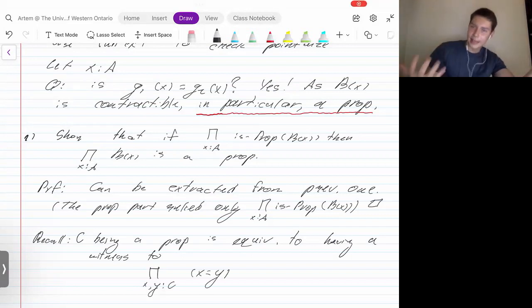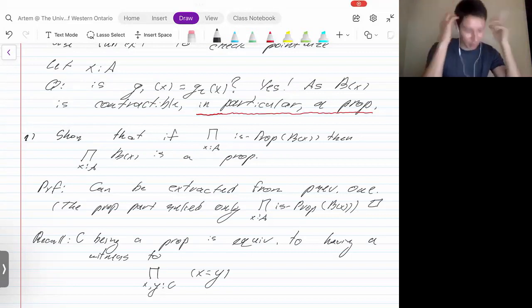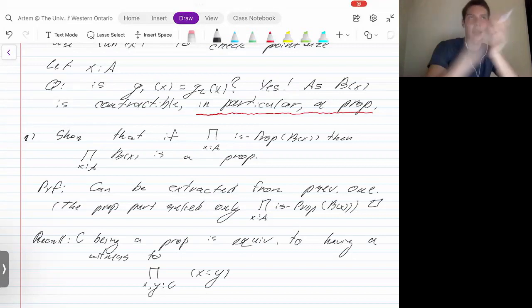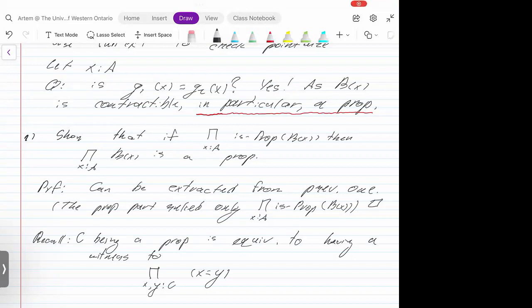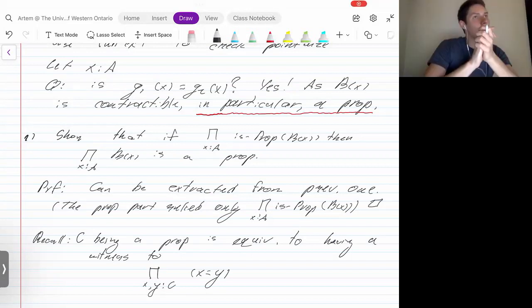So basically, we can identify everything. The only difference with contractibility is that in contractibility, we actually have a witness to this. Another way of looking at propositions is that they either come as the unit type or empty, and contractible types just come as units.